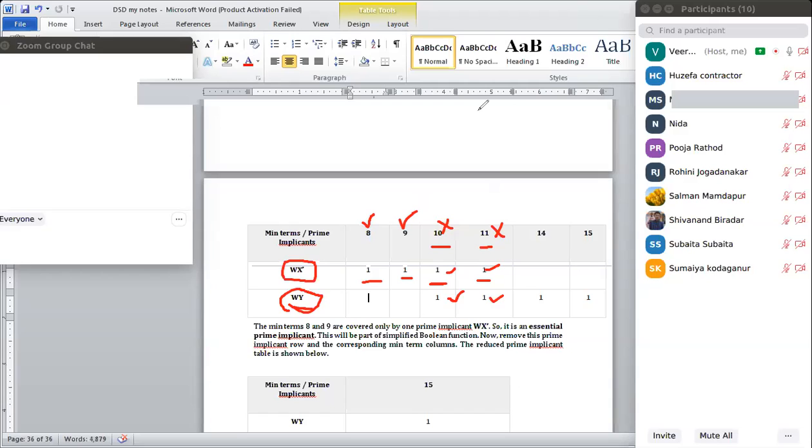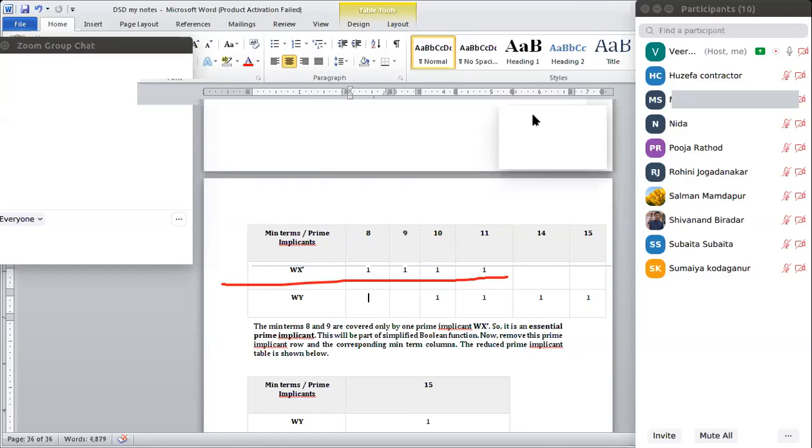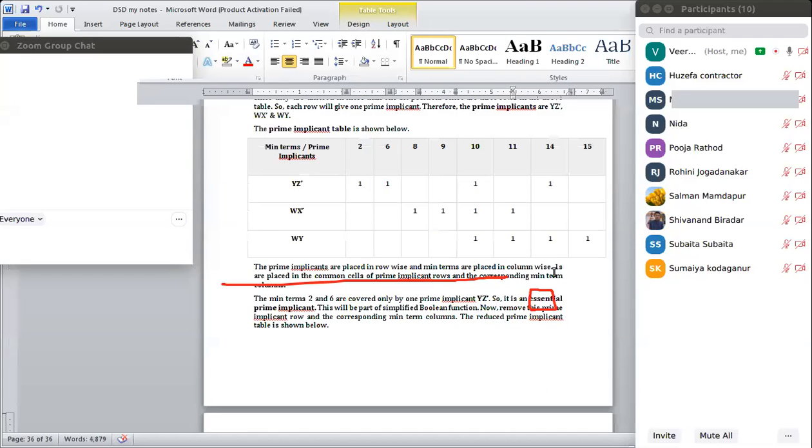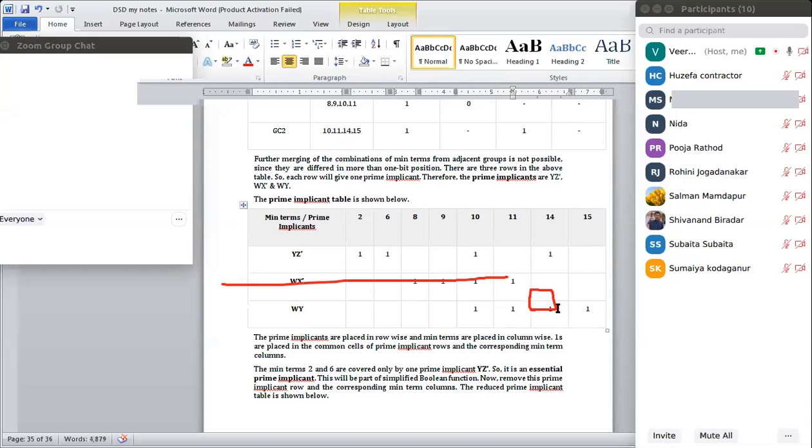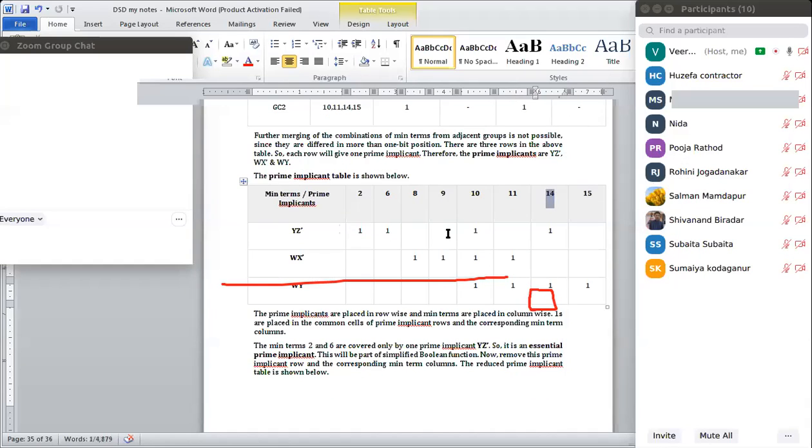Okay, and then I will remove this. Okay, 14 has already been done. So here I will be remaining with, actually this 14 single one has already been covered, here, by yz bar and wy.